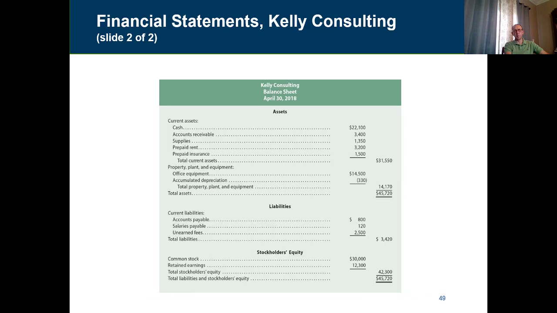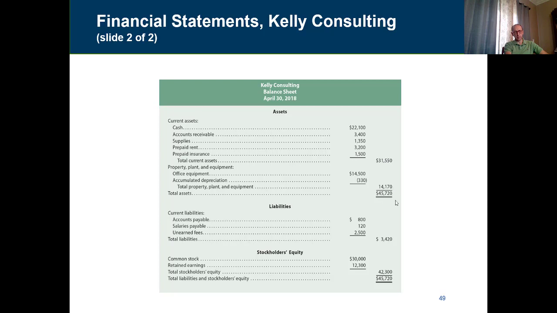So the next statement would be the balance sheet. And the balance sheet is divided into the asset side, and the liabilities and equity side. So the assets total should match the liabilities and stockholders' equity total. You see here the assets are divided into current assets and property, plant, and equipment, where we have the total for the current assets and the total for the property, plant, and equipment.